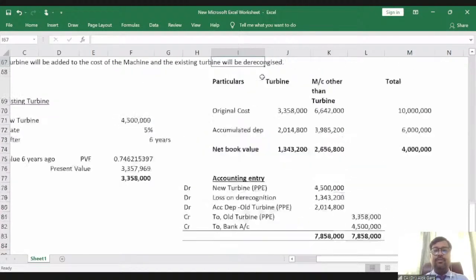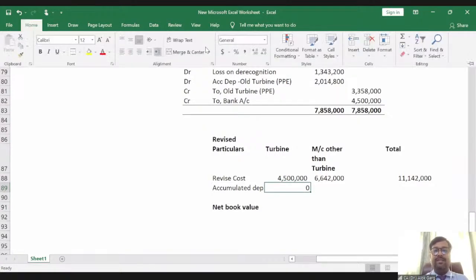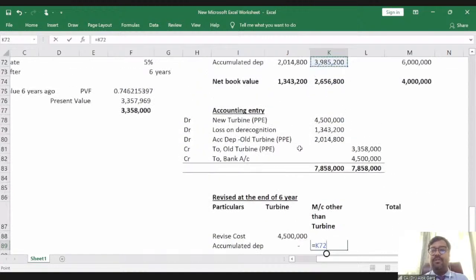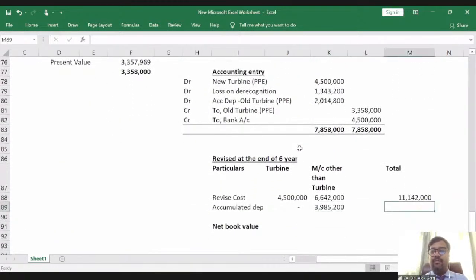Then you need to write down the accumulated depreciation. What is your accumulated depreciation? For the turbine it is 0 at the time of initial recognition. I am talking about the revised position at the end of 6 years. What is the accumulated depreciation for the machine other than the turbine? It is 39,85,200, right? What is the total?